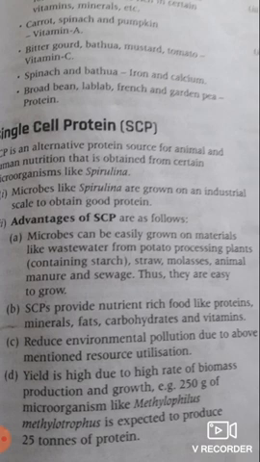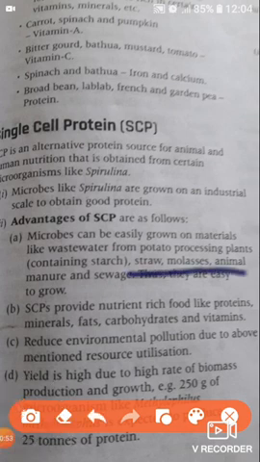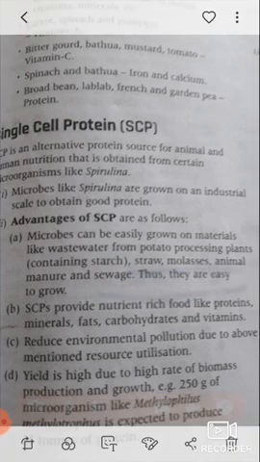Next, it reduces environmental pollution. If we utilize these wastes for growing SCP, we can reduce environmental pollution, because if these wastes remain in our surroundings they give off foul smells, so we can avoid that and keep our environment clean.